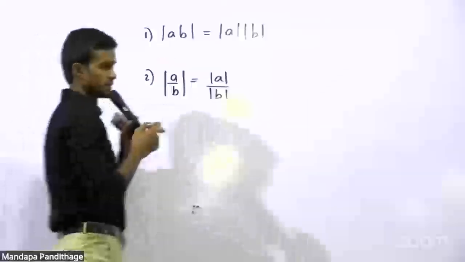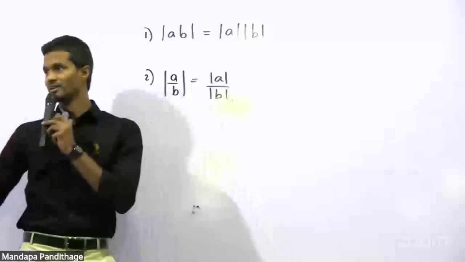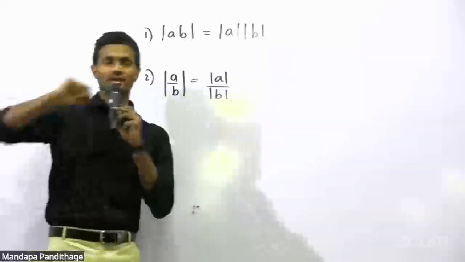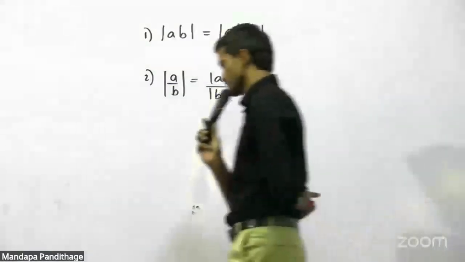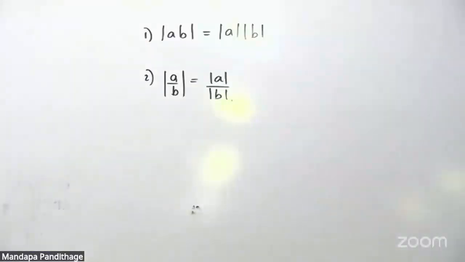Then write number 2, the second fact: the modulus of the division of two terms can be written as the division between the two moduli.